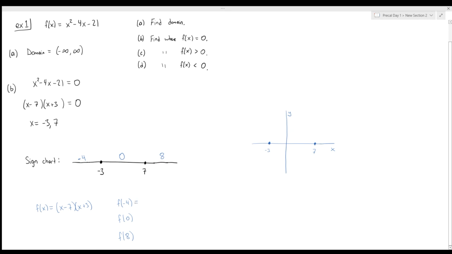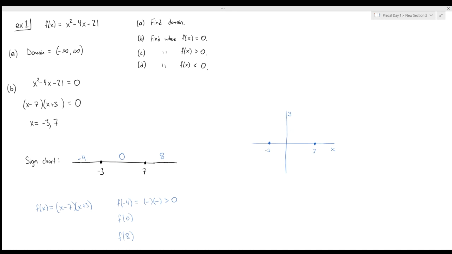So first, plugging in -4 into here, you're going to get negative 11, so you're going to get a negative number. And then negative 4 plus 3 will be another negative number. So we have two negatives multiplied together. The actual number itself is not too important. What we want to pay attention to is the sign of the function.